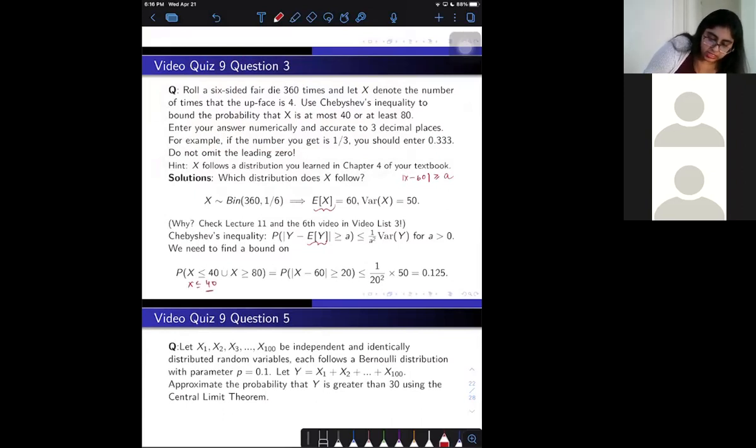How would we get to 60? If we just add 20. In other words, X minus 20 is less than 40 minus 20, union X minus 20 is greater than 80 minus 20. If we work through this inequality, in absolute terms it is the absolute value of X minus 60 is greater than 20.